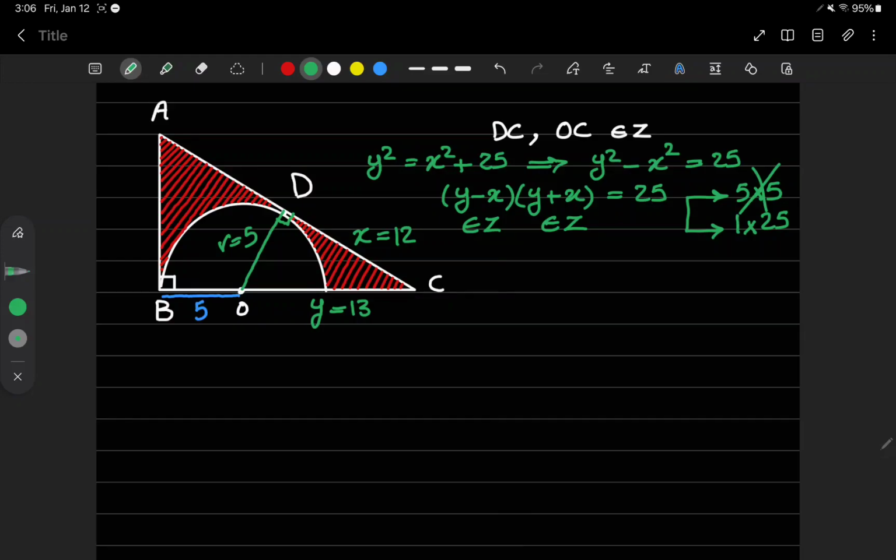Why? Just think about it for a second. ABC is similar to ODC. Why? Because angle C is common in both triangles, and we have this 90 degrees here in B and D. So O here is equal to A. And this is the reason we say that ABC is similar to ODC.